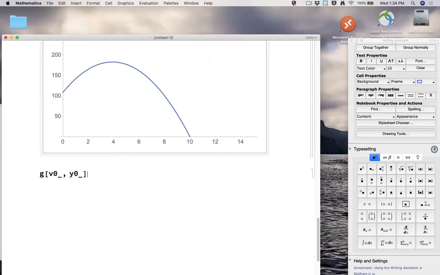I'm not putting them as subscripts this time. That's okay. The formula is v0 over 9.8 plus, I'll write it as one fraction here, the square root of v0 squared plus 19.6 times y0 over 9.8.